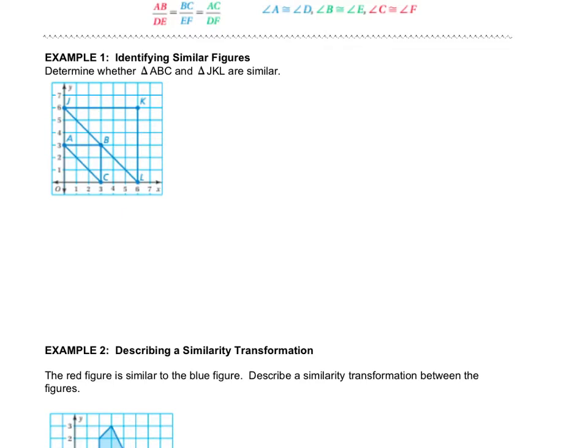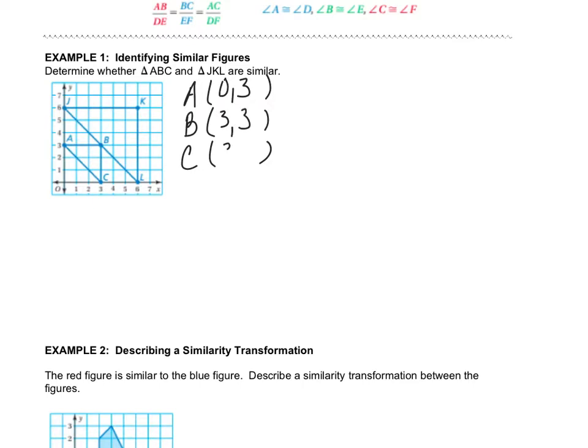What we want to do is look at, can we get from ABC to JKL? So let's look at A, B, and C. So taking off the ordered pairs, A is at 0, 3. B is at 3, 3.